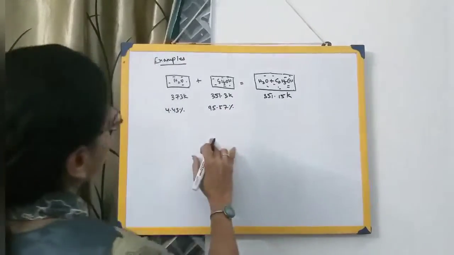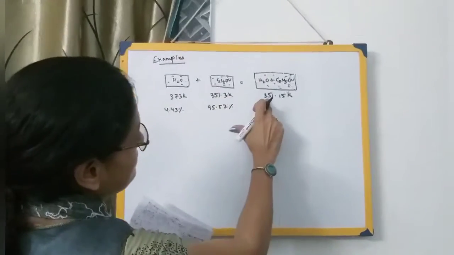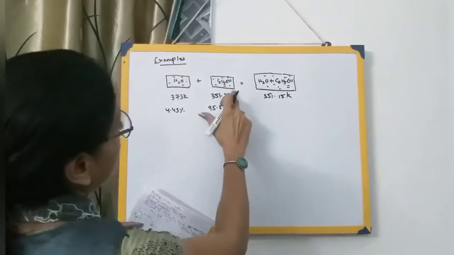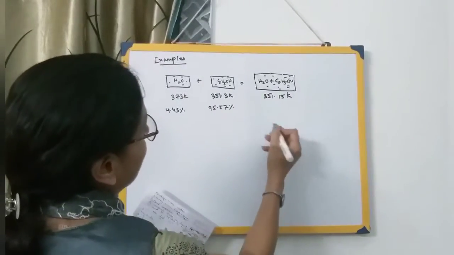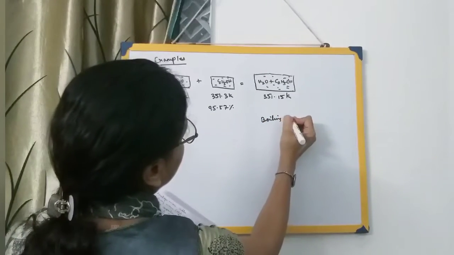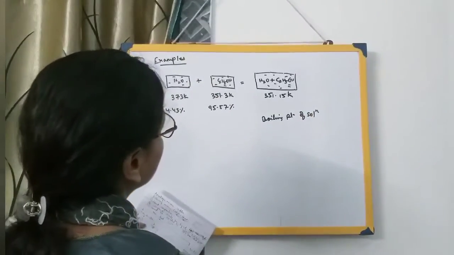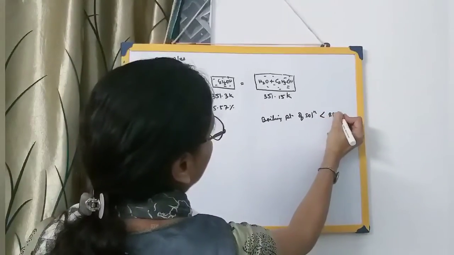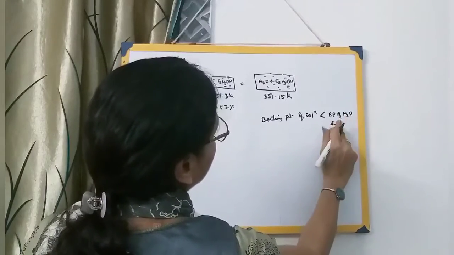Now look here, the boiling point of water is 373, this is 351.3 Kelvin and this is 351.15 Kelvin. So these temperatures are lower as compared to water. So we can say the boiling point of the solution of both these components is lesser as compared to the boiling point of water and the boiling point of ethyl alcohol.